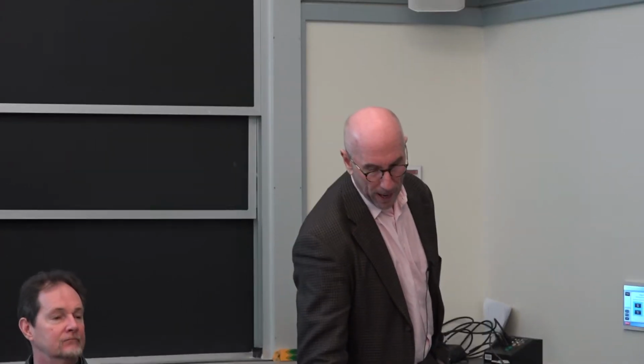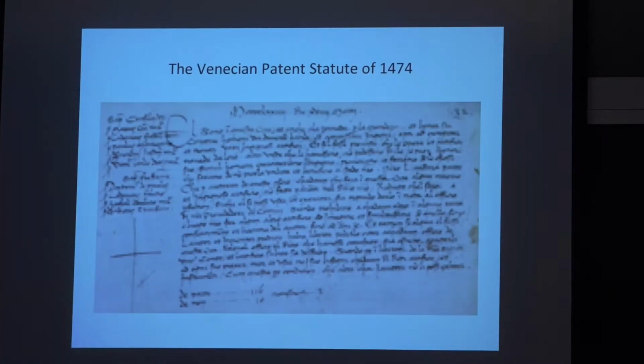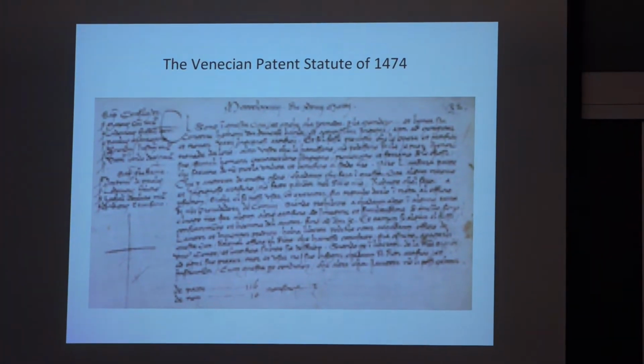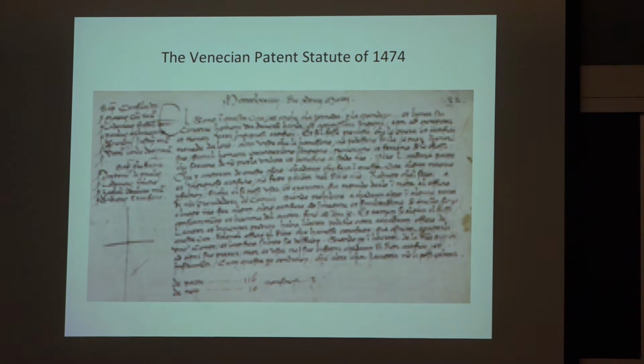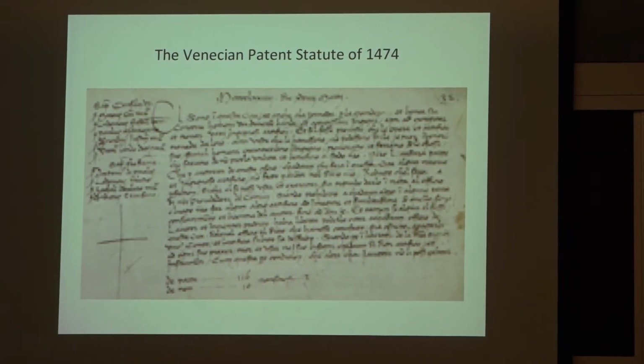All right. Enough of the history of patent law. Like I said, if you want to take a look at it, I'll post everything. This was actually the oldest patent I could find, notwithstanding the cavemen.